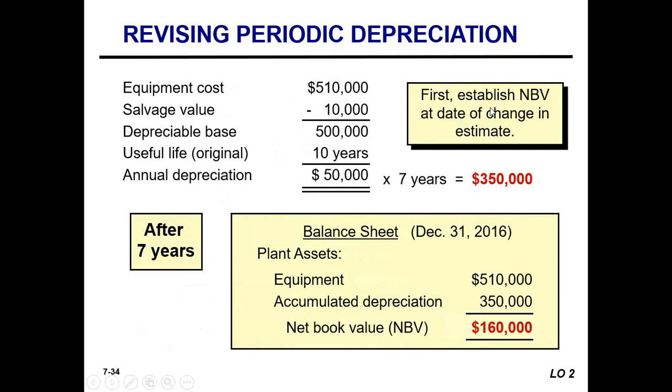So we have to establish our net book value at the time of the change. So we took our original cost minus our salvage value, how much depreciation we've taken to date, and our net book value as of this day is $160,000.